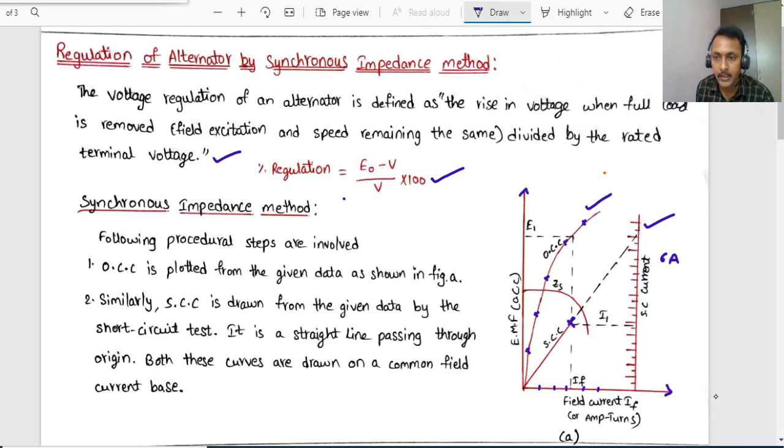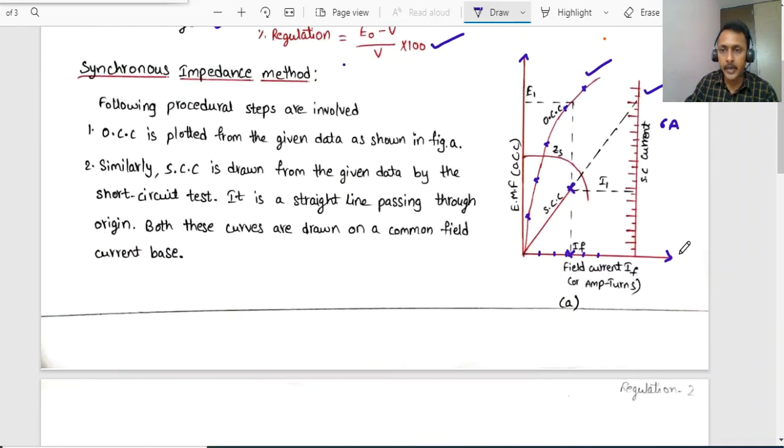For example, if the rated current is 6 amps, the field current at which you get the rated current of the alternator gives you better values. So indicate that field current and project it onto the OCC, and it intersects the OCC at some particular point. Indicate that point as E1.